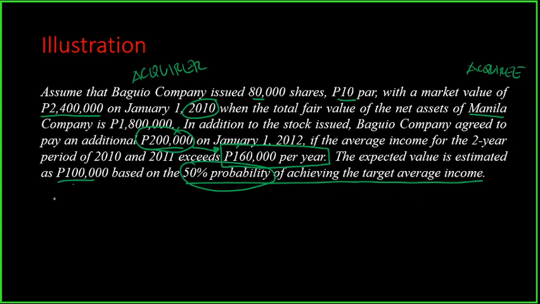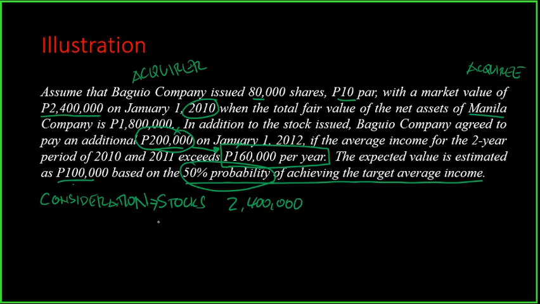Let's try to analyze this first. If you were asked to compute for the purchase price, or your total consideration, let's just use consideration. First you have your stocks, and the fair market value of your stocks is 2,400,000.